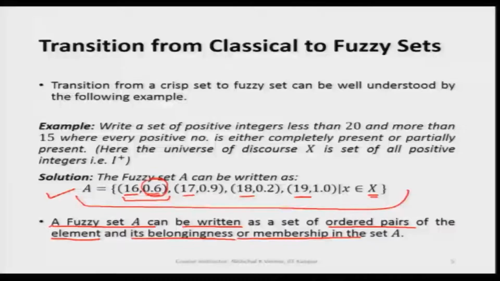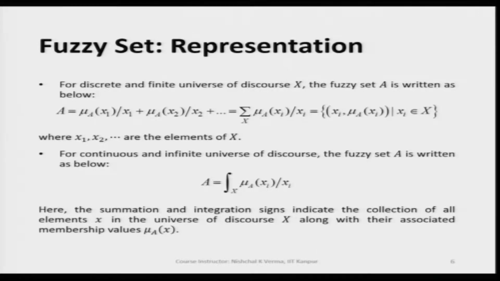So, any element which is present, even if it is not present with 100%, has been included here. This is how we transition from the classical set to a fuzzy set. So, we clearly see there is a need of including the membership value with the elements; without that it is difficult for us to write a fuzzy set.